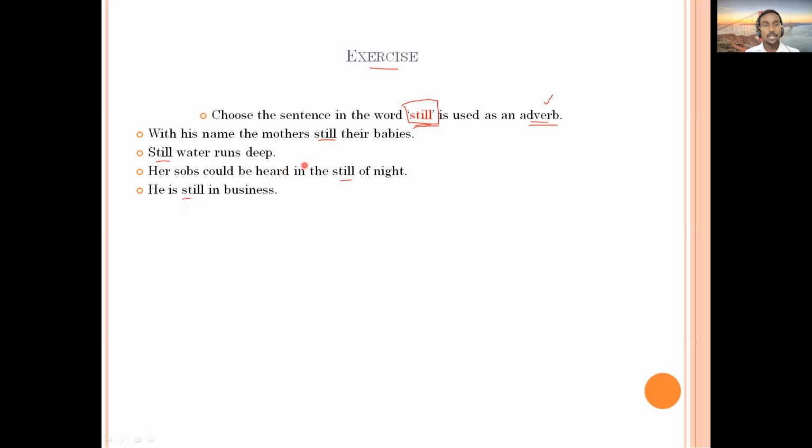The first sentence is, with his name, the mothers still their babies. Still water runs deep. Her sobs could be heard in the still of night. He is still in business. So what do you think?